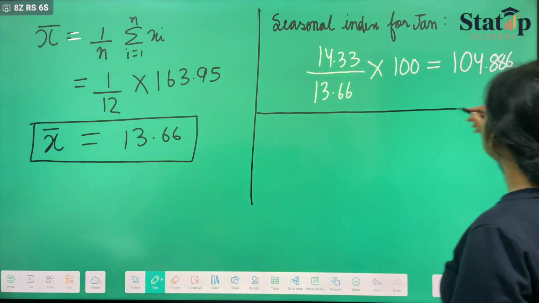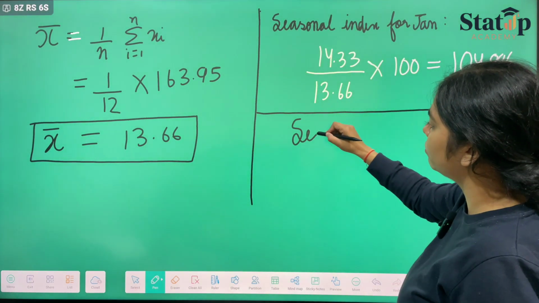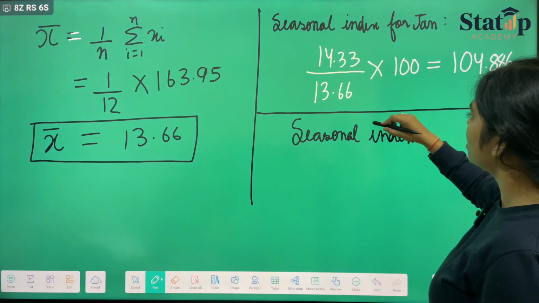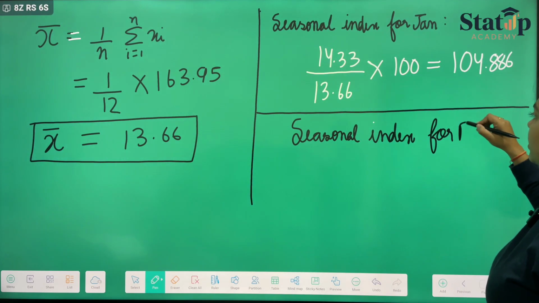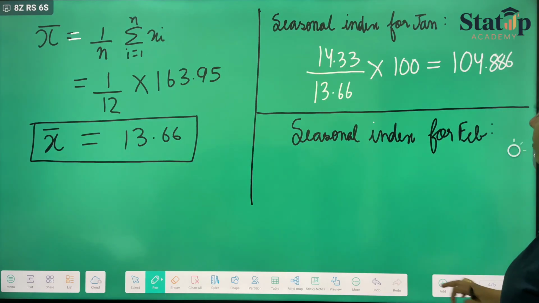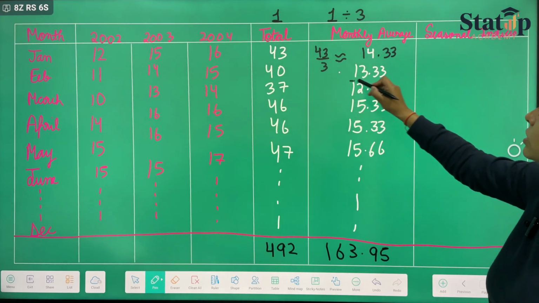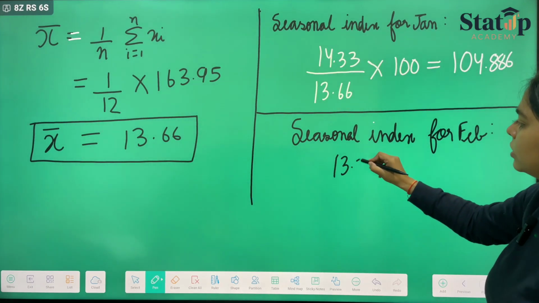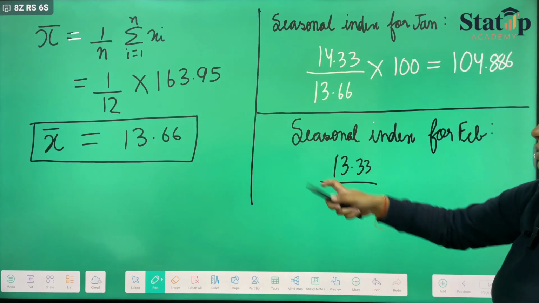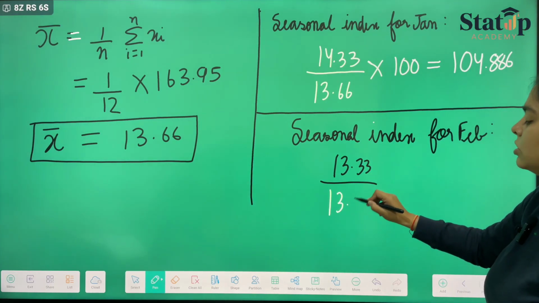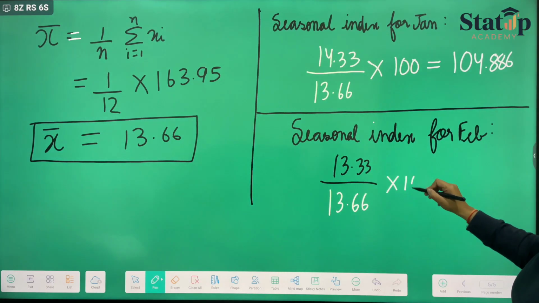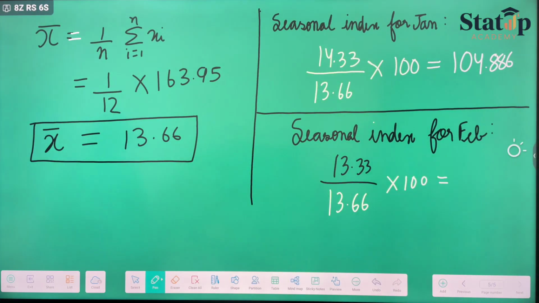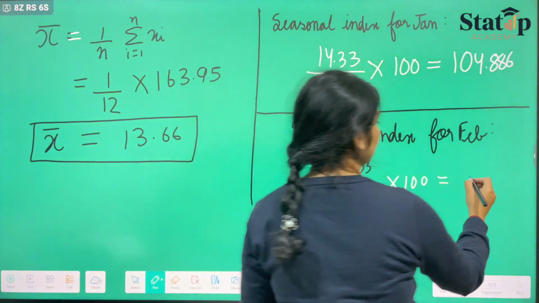If we have to calculate the seasonal index for February, it would be the monthly average for February, which is 13.33, divided by the overall monthly average, 13.66, and multiplied by 100 because it is a percentage again. We get 97.56.